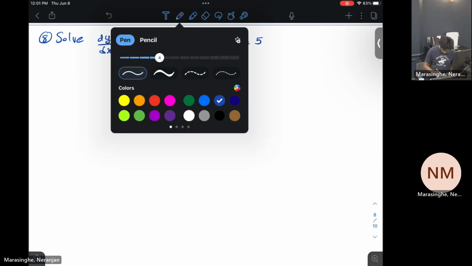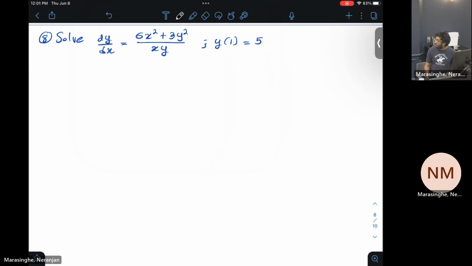So the idea is first we have to write this function as a function of y over x. So we have dy over dx that is equal to, I'm going to divide both sides, that means both numerator and denominator by x square. Okay. So what would happen to numerator if I divide both sides?